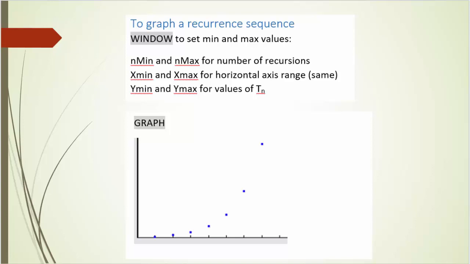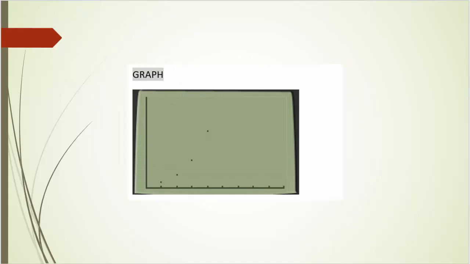X-min and X-max you have to put in the range of values for the horizontal axis, so you must have some idea what it's going to be. Y-min and Y-max are for values of Tn, so for those terms you have to cope with the values. Now you might find that you could also do that with Zoom 9. Check that out for yourself. But anyway, you should finish up with the graph looking like that.